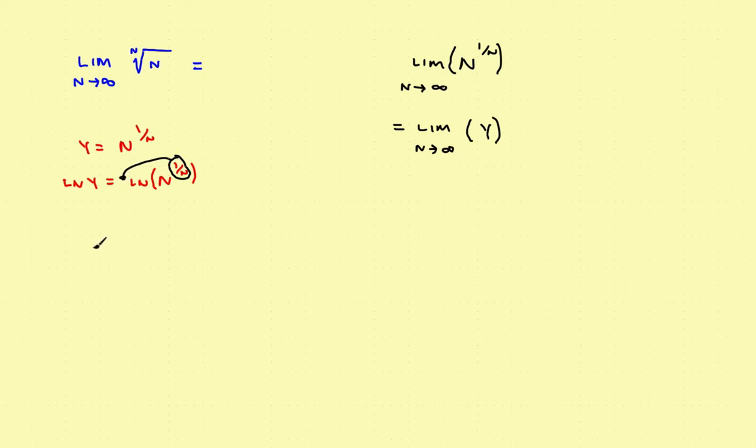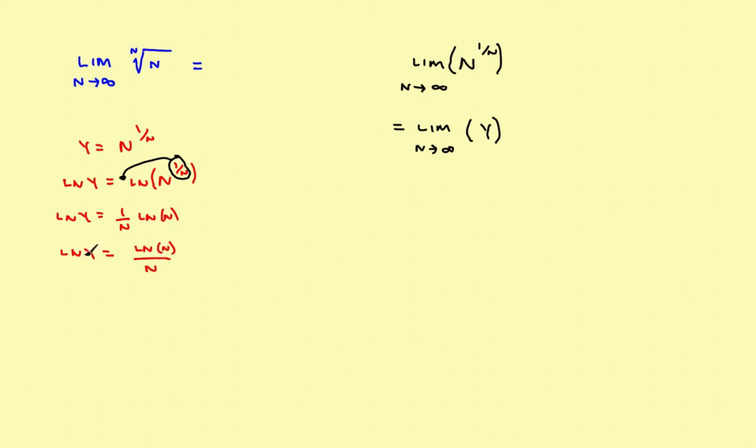So I'll make this the natural log of y is equal to 1 over n times the natural log of n. I'll put those together, and rewrite that as the natural log of n over n.